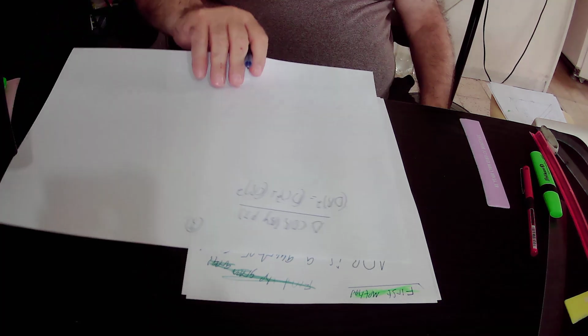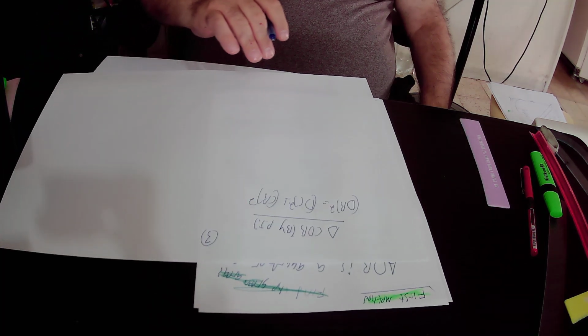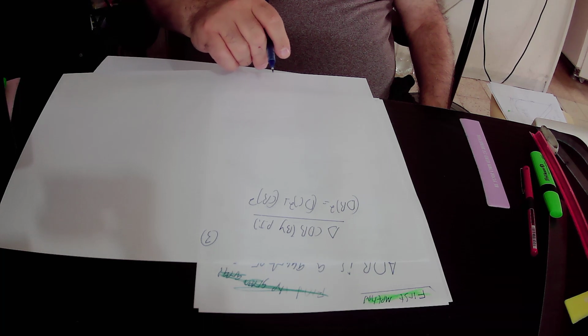Repeat again: in the right triangle CDB, DB square equals DC square plus CB square.